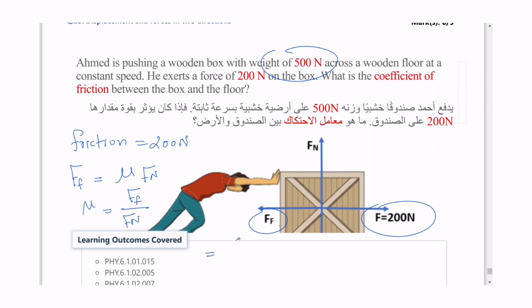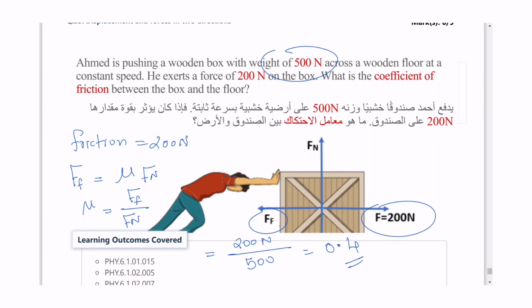Force of friction is 200 Newton and normal force will always be equal to the weight of the object if the object is on a horizontal surface. The weight of this box is 500 Newton. So 200 divided by 500 equals 0.4. 0.4 is the value of coefficient of friction.